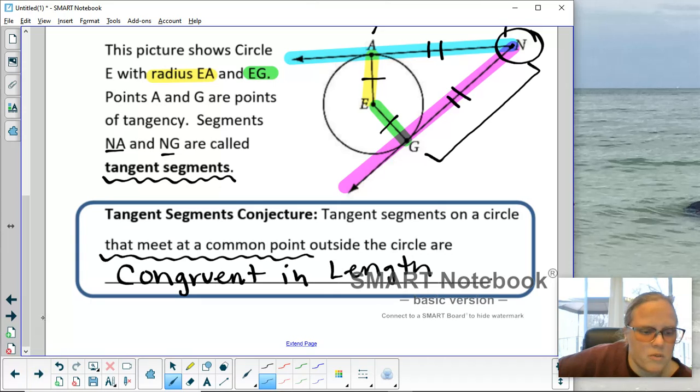Before we move on, because we have these radii connected to a tangent, we could also use the last property to show that these are meeting at 90-degree angles.